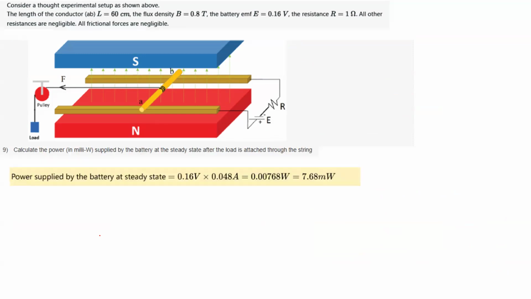Now here it is asking the power supplied by the battery. So power supplied by battery, we know that the battery EMF is 0.16 into current, because this E into this I will be the power of the battery.